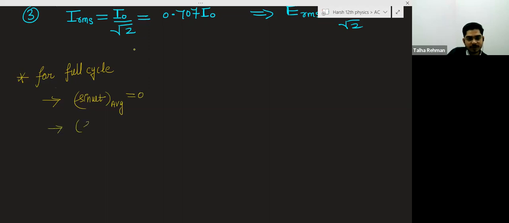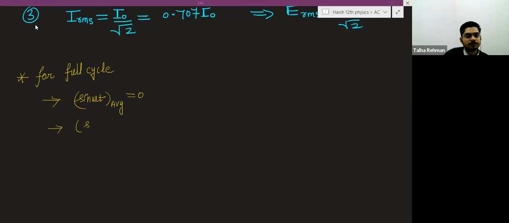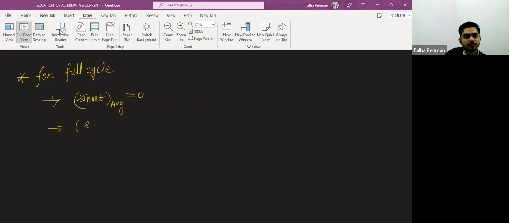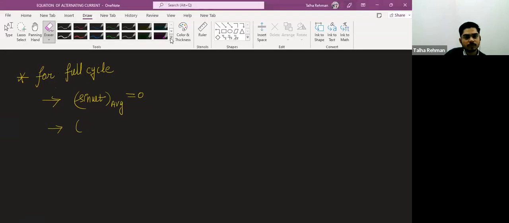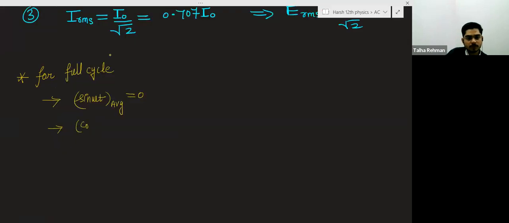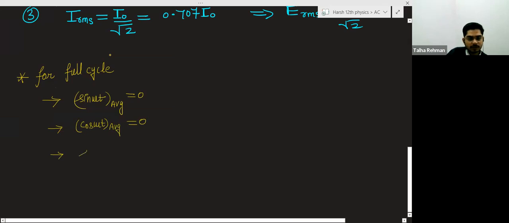If you are calculating the average value of cos omega t for full cycle, it is equal to 0. If you are calculating the average value of sine square omega t for full cycle, you will get half.